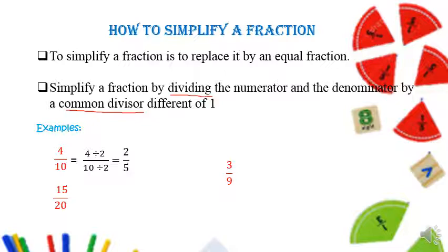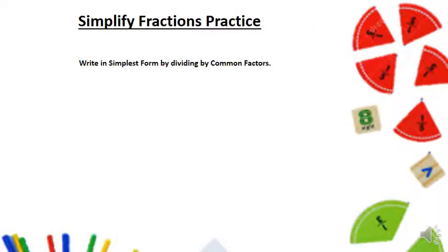They are both multiples of 5, so they are divisible by 5, and you will get 15 divided by 5 gives me 3, and 20 divided by 5 gives me 4. The last example, 3 over 9. 3 and 9 are both multiples of 3, so if you divide by 3, you will get 1 over 3.